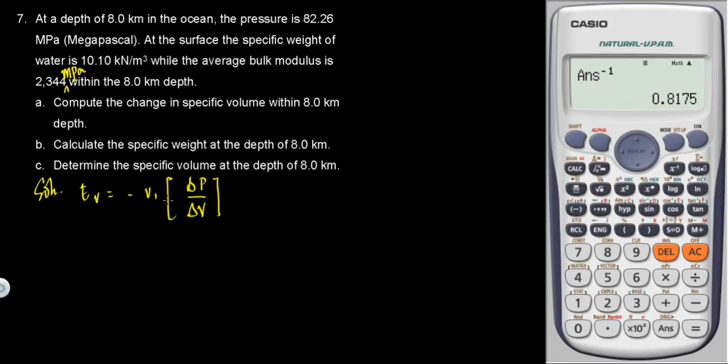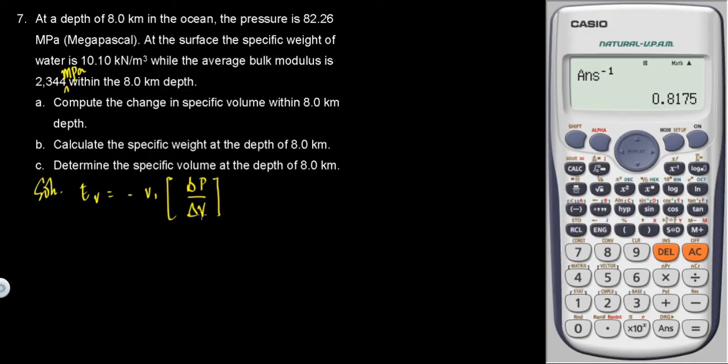The bulk modulus and the change in pressure, 82.26, at the 8.0 depth. We also need the atmospheric pressure of 101.32.